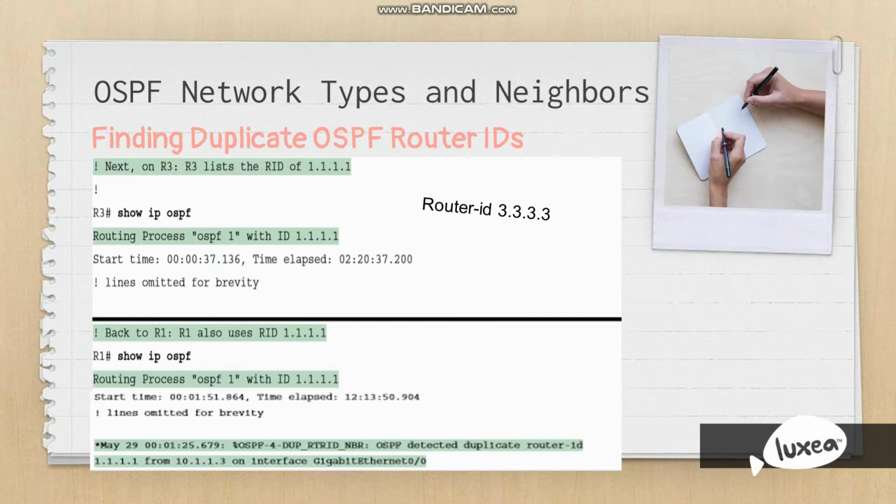To solve this, one of them should be changed. So we can put router-id 3.3.3.3 and then the exec mode command clear ip ospf process, so the OSPF will use the new RID.